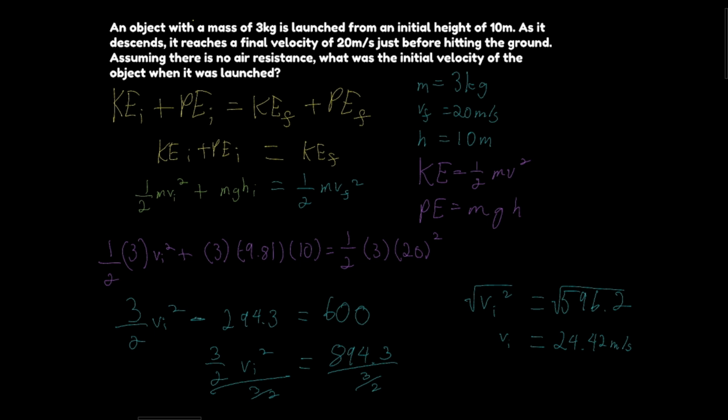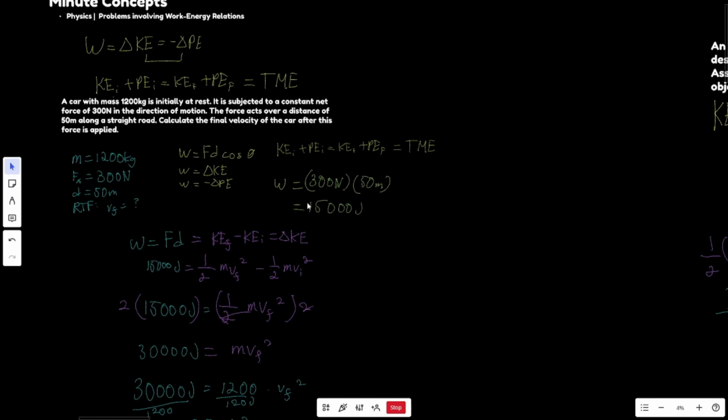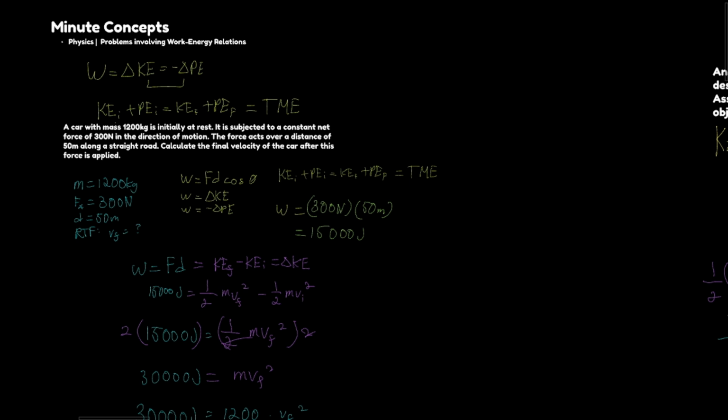So just to recap with all of our stuff here, we can use work and its relations to the different types of energy in order to derive our velocity, or essentially other descriptors of the motion of an object. We can also derive our height.